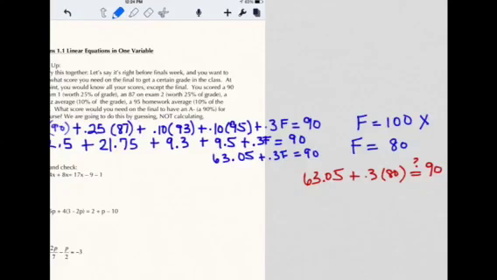So 24 plus 63.05 looks too low. It's only an 87.05. It's not an A-.